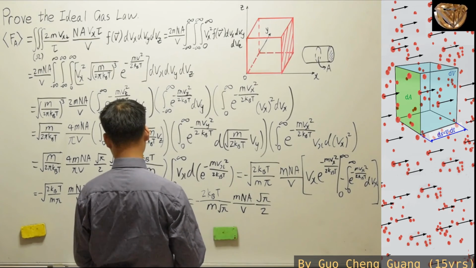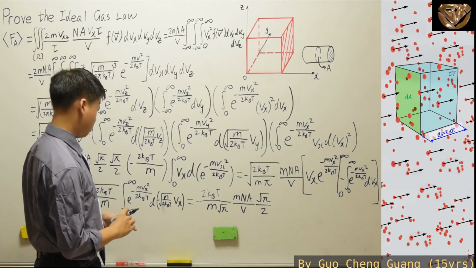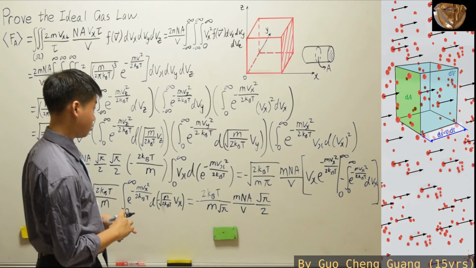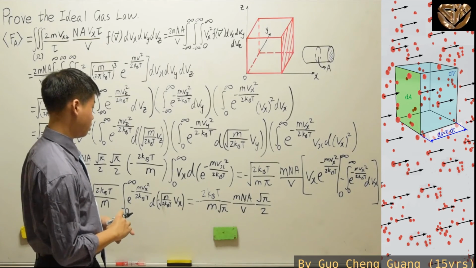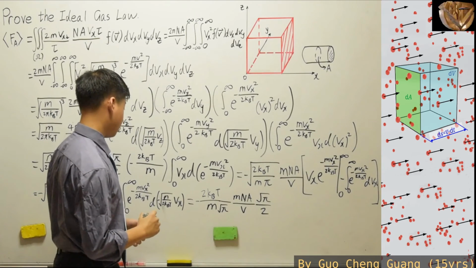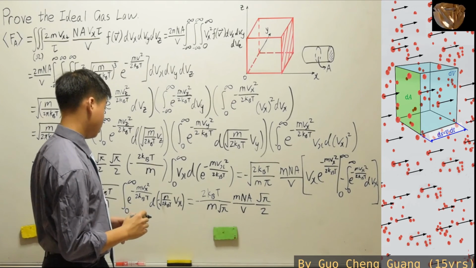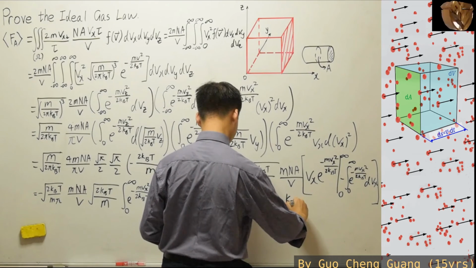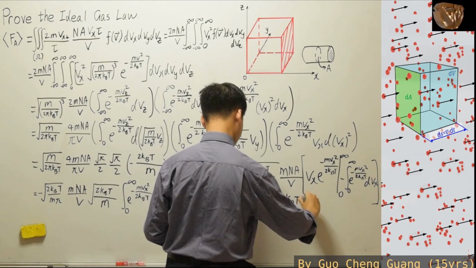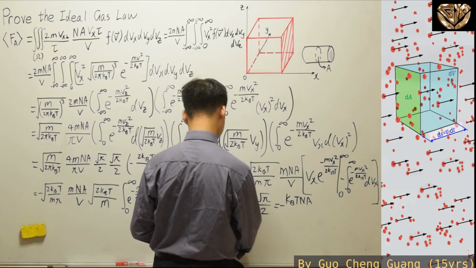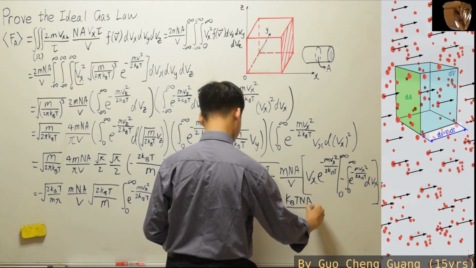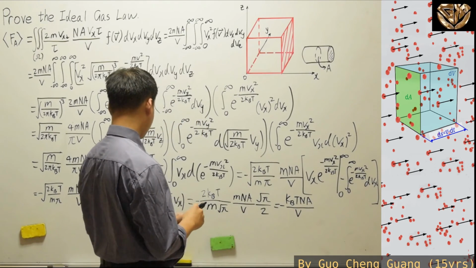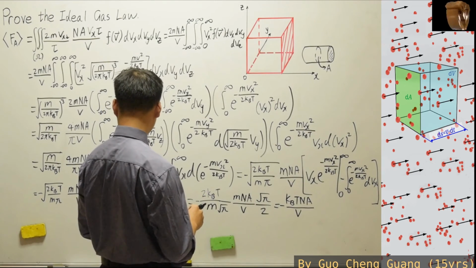Alright, so this is a part where you're going to see over here. So you can cancel out the two m's, the square root pi, and the 2's. And it seems like this is what you are going to find.